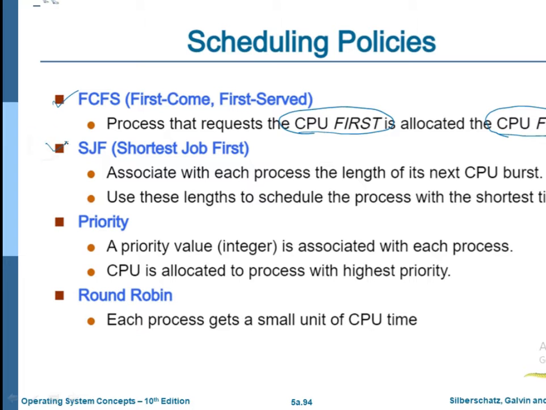Then the second scheduling policy is shortest job first. Here we make a priority criterion, that is the time required by the process.